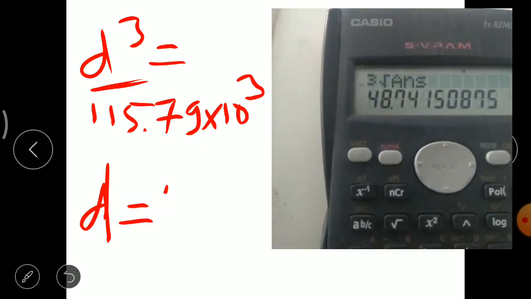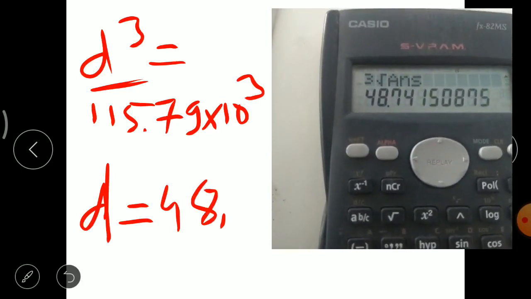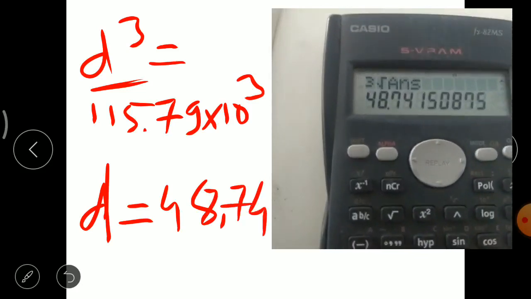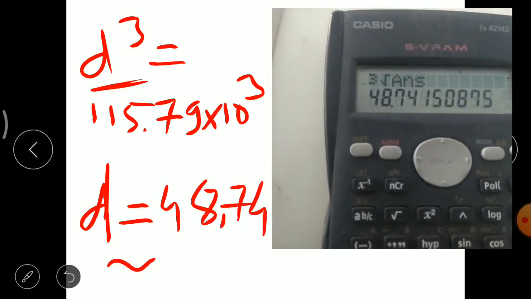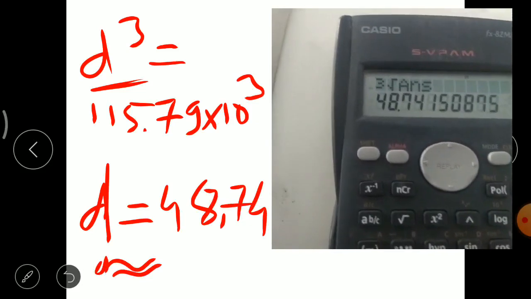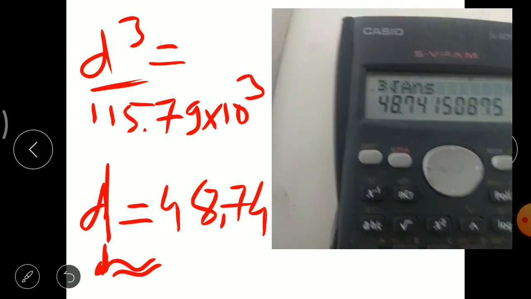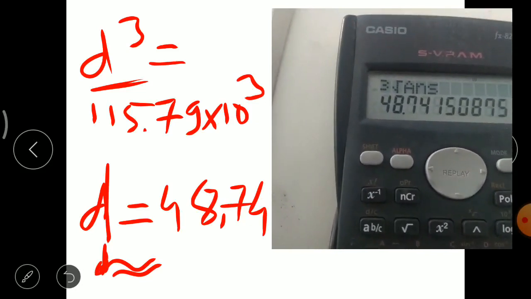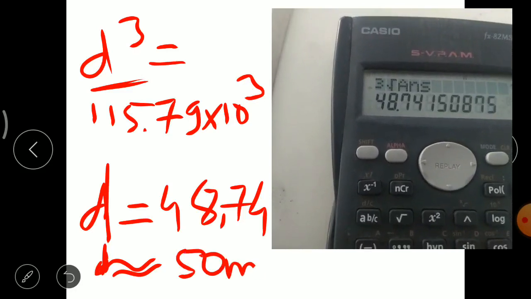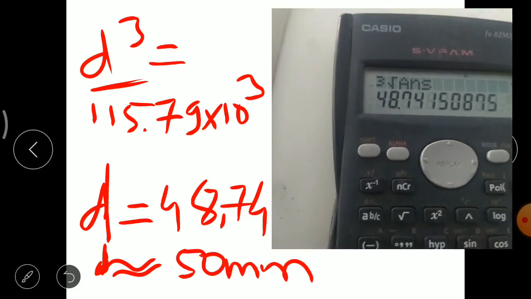So D is nothing but 48.74 mm, and the rounded up diameter I will write in my notebook as D is equal to 50 mm, that is the diameter of the shaft.